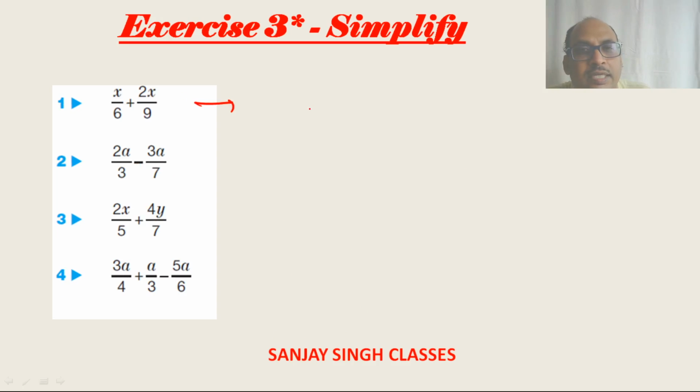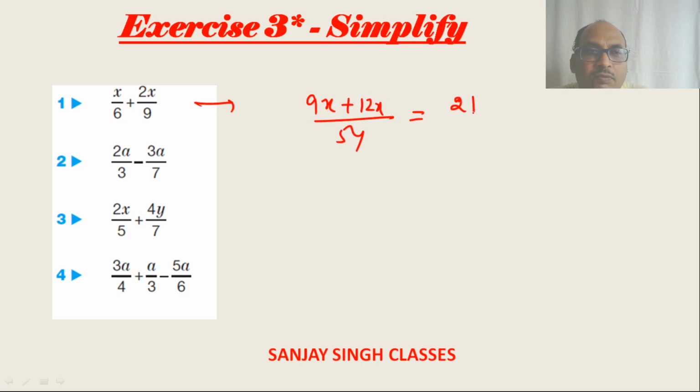Right. Here it is 9x plus 12x divided by 54. 9 into 6, 54. It is giving us 21x by 54. Utilizing 3 as a common factor, it has become 18. Okay. So 7x by 18.